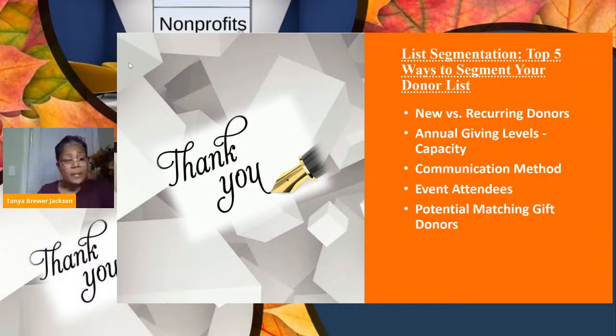and in our list segmentations, I would have 49 to 50 segmentations every appeal we did. And that meant those were all different letters that were being sent out. But we had a huge database, almost 400,000 people in the database.